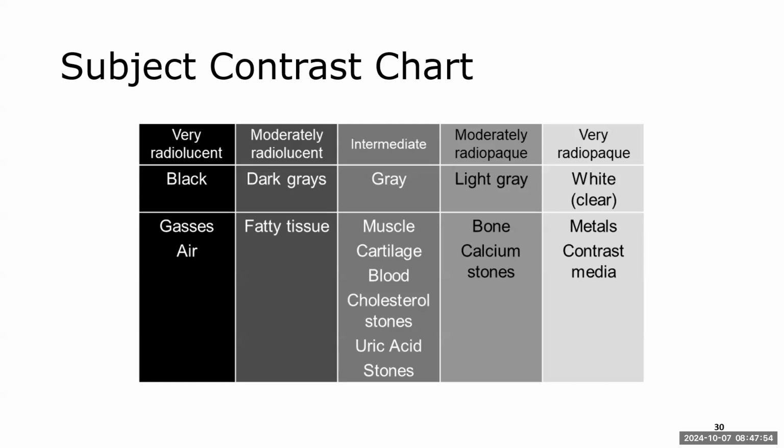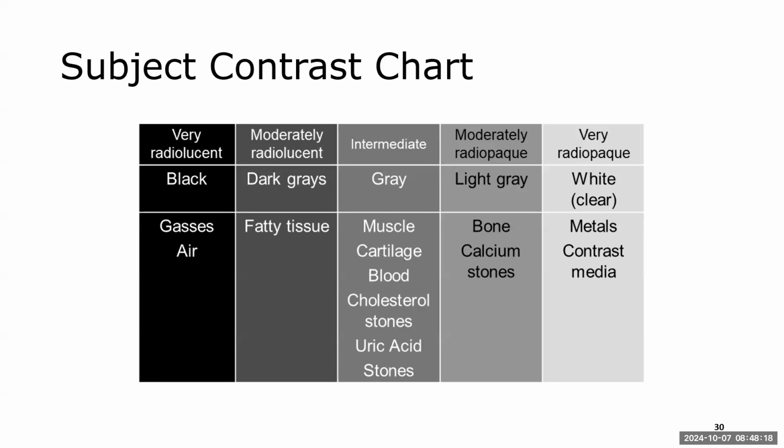So, this chart right here, again, is meant to sort of bring all this material together and help you organize it in your minds. So if it's something that's very radiolucent, that means that photons are making it through very easily. Those areas are going to be black. Those are going to be areas like gases and air.